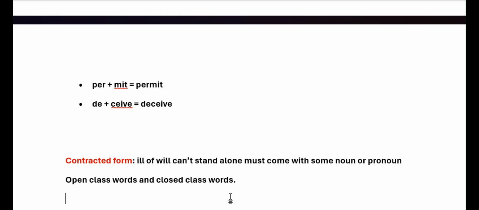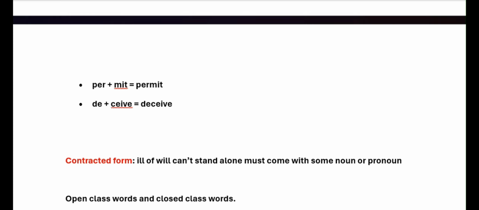Now bound morphemes also can be contracted forms of verbs that cannot stand alone and must come with a noun or pronoun. For example, here 'll of will. Now will can stand alone, but if we make it 'll, now it cannot stand alone and should be attached with other morphemes.